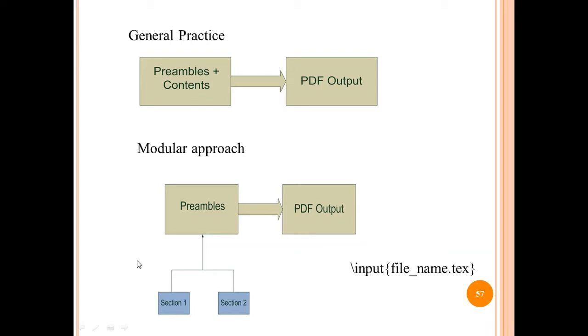The advantage of doing this is it will be convenient for the user to maintain this file, and suppose he has to make certain changes in a particular section, only that section needs to be accessed, not the whole document, and all these sections will be connected with the preamble. So whenever you compile the code, you will get the PDF output as you get over here. So let us try to do this.